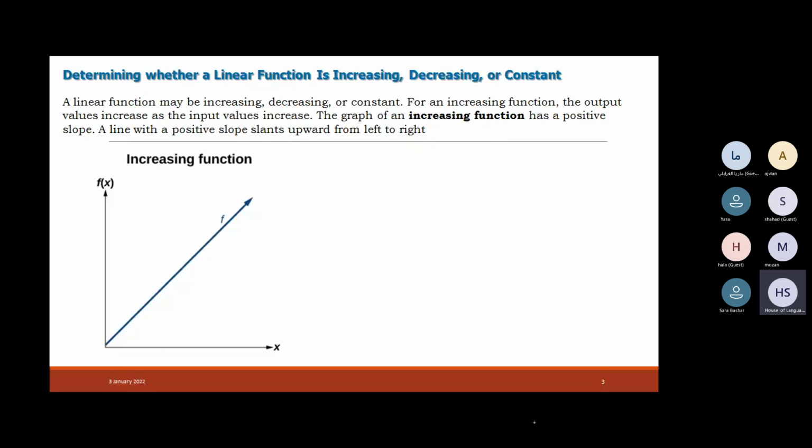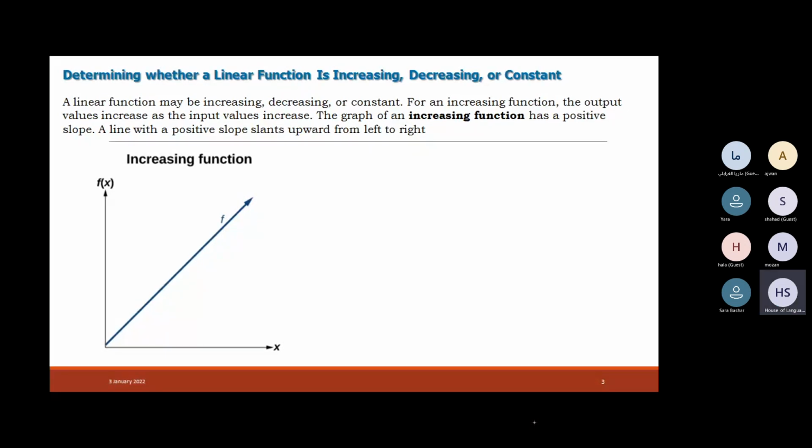Let's start now with the increasing function. A linear function may be increasing, decreasing, or constant. What do I mean by increasing?